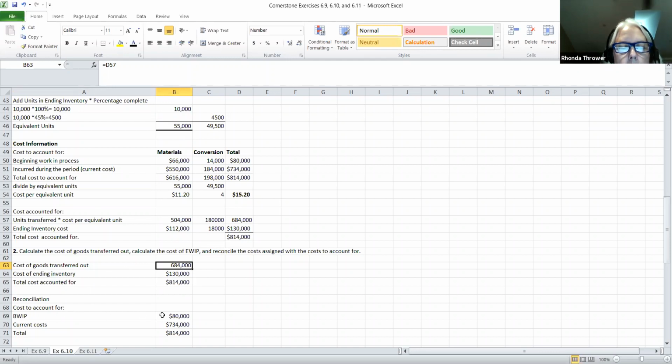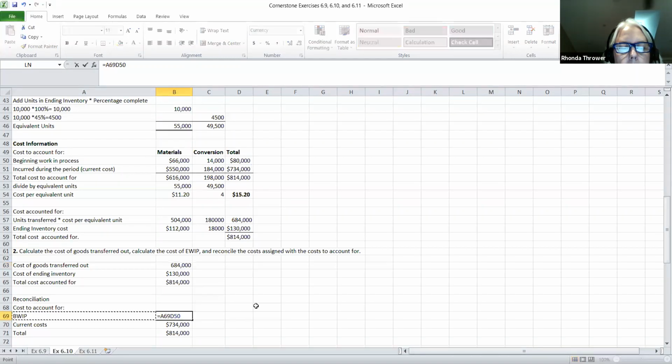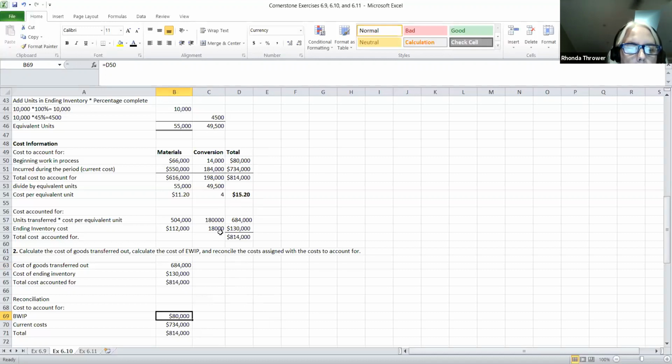And starting with your beginning inventory cost, which was 80,000, that comes from here. It's just brought down. The current costs were 734,000. That was the cost that were given to you from up above. You combine the two of these together, and that gives you the total cost.